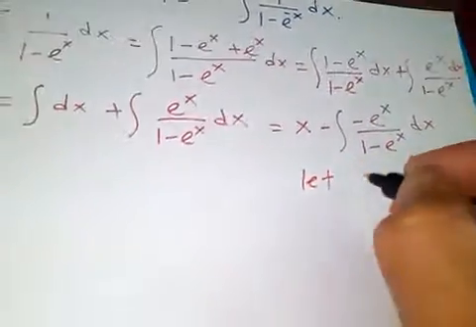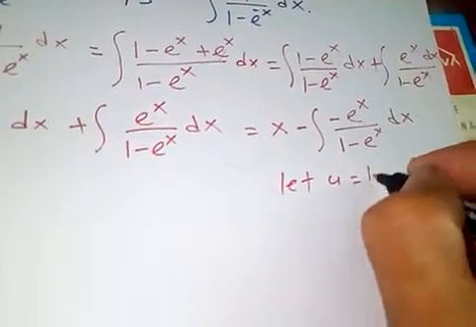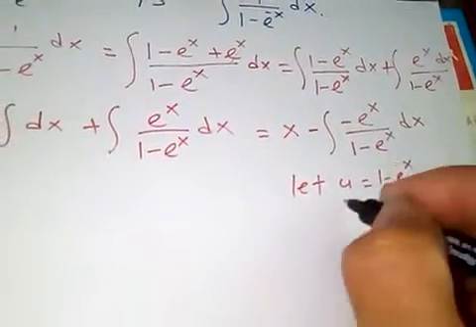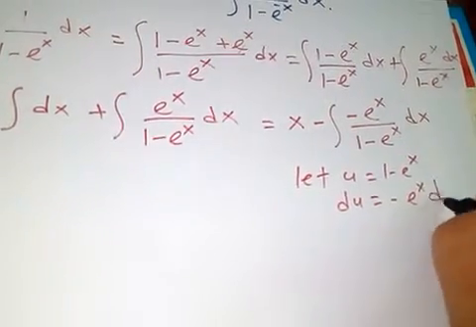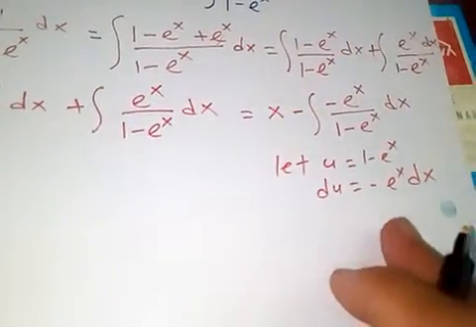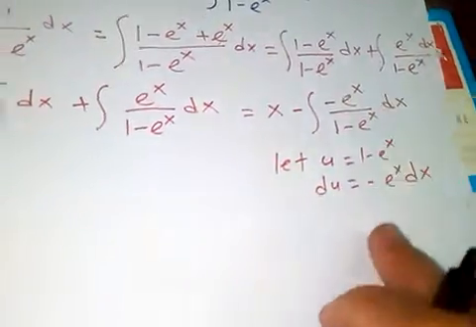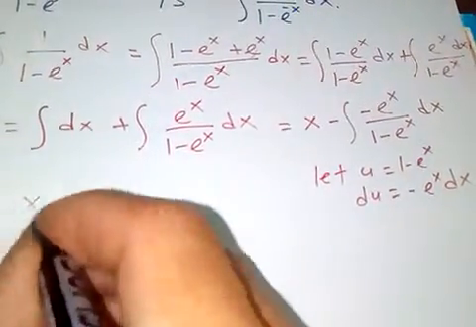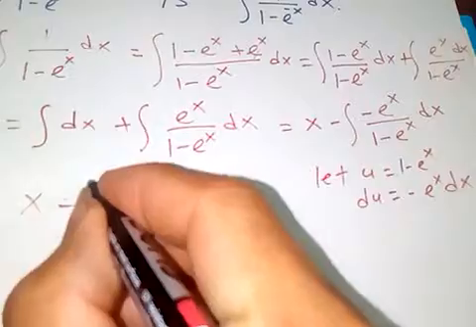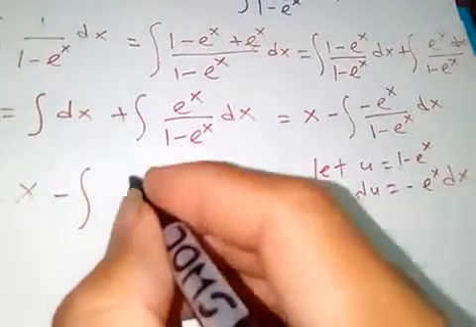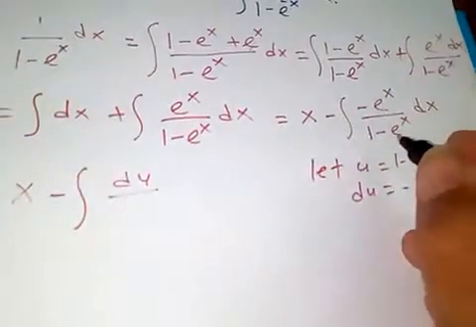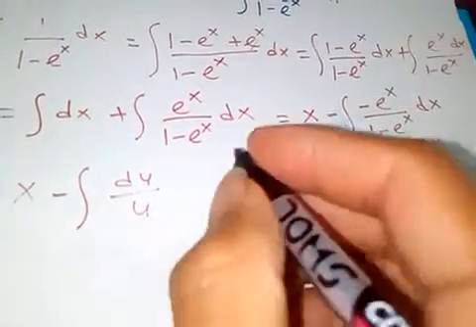Let u equal 1 minus e to the x. Then du is minus e to the x dx, which is the same as this. Now this part is not changed: minus the integral of minus e to the x dx is du, over 1 minus e to the x, which is just u.